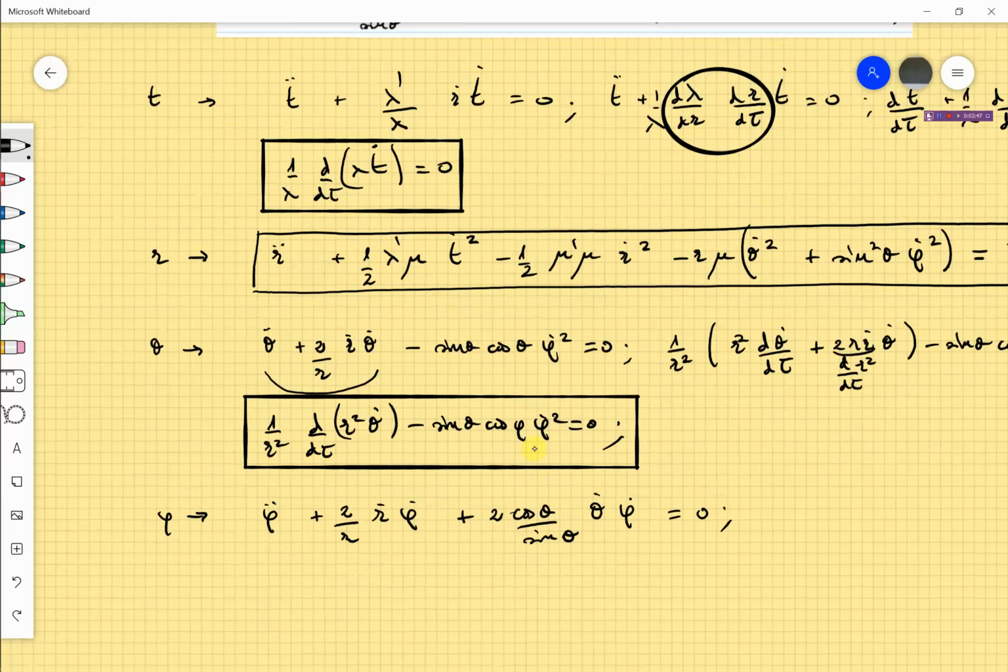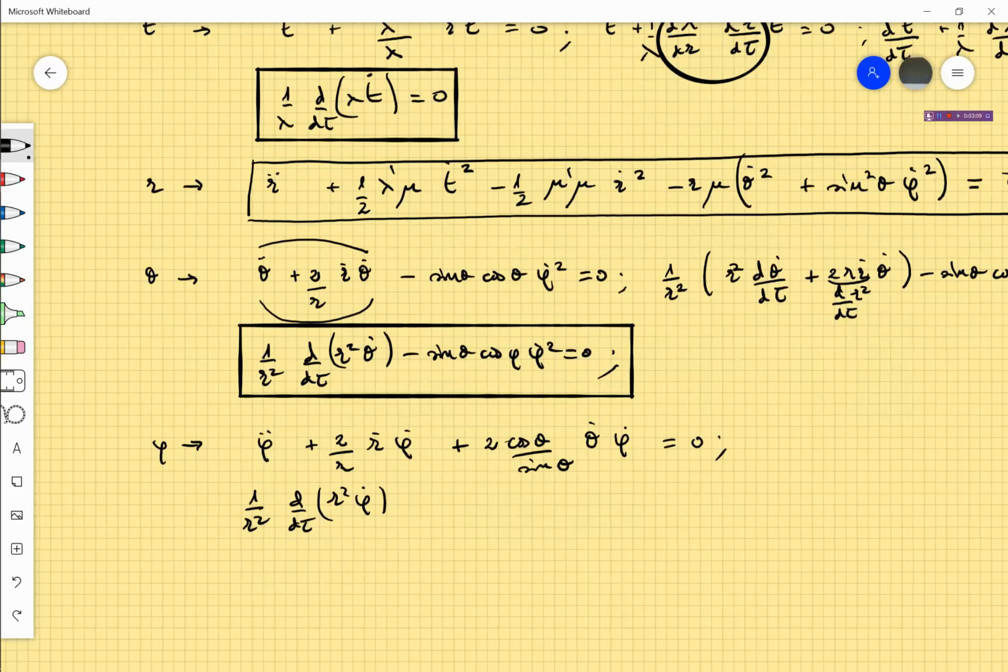Now this is the same structure that we found here, the first two terms, so we know that we can rewrite these two terms in this form. Phi dot, so this is the derivative of r squared phi dot, but it is not so difficult to see that here we have something similar.